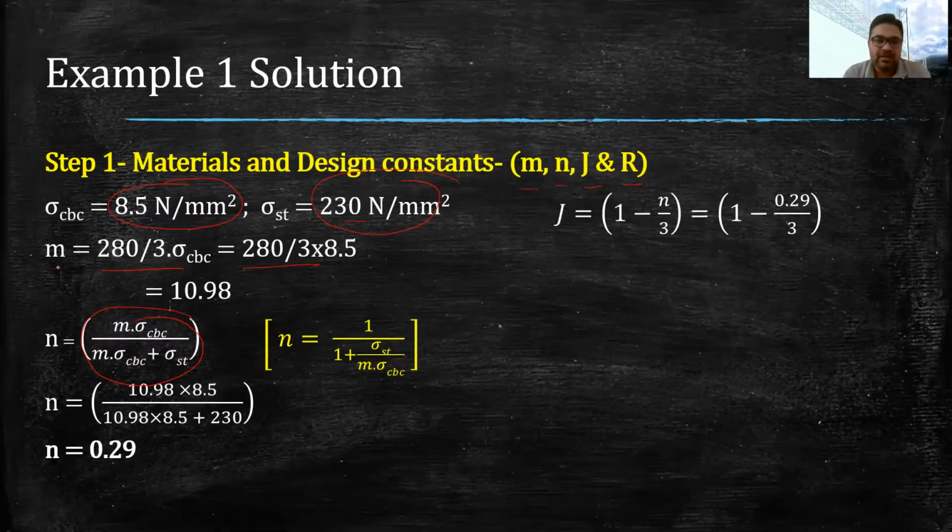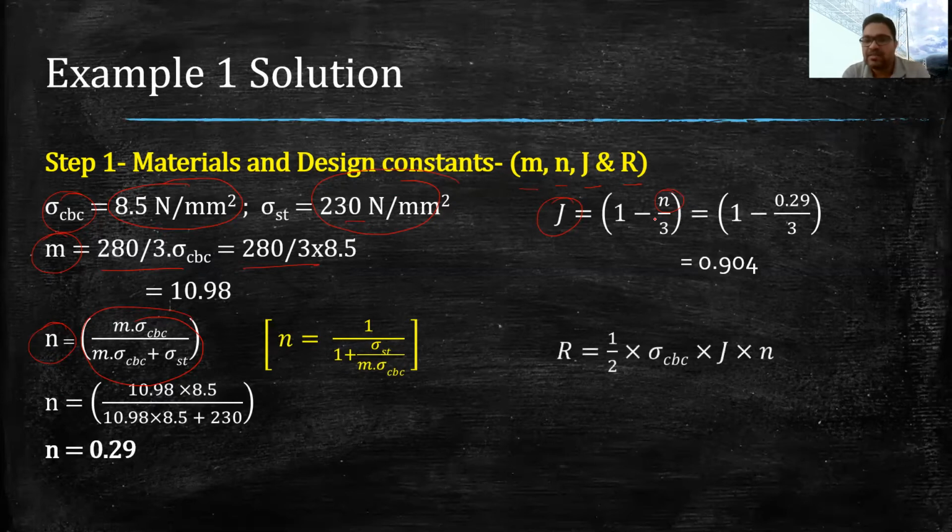So you can see here, there is a sequence. First, we are calculating M, then we are calculating N, then we are calculating J. You can see here, M is dependent on sigma CBC only, and then N is dependent on M, sigma CBC and sigma ST. Then J is dependent on N, and after J is calculated, R is dependent on J. So that is why we generally calculate these design constants in this manner only.